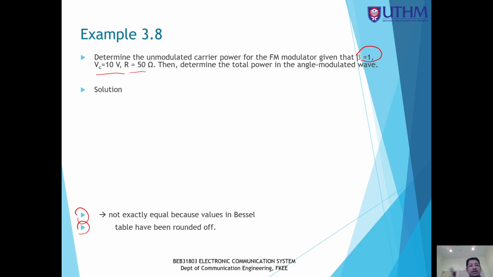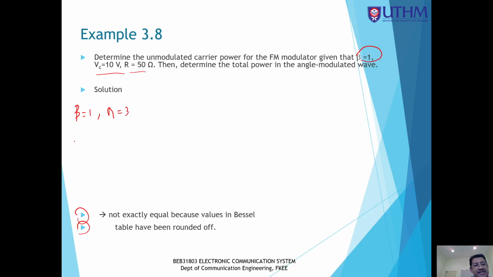For beta equal to 1, that means the number of significant sidebands n equal to 3.